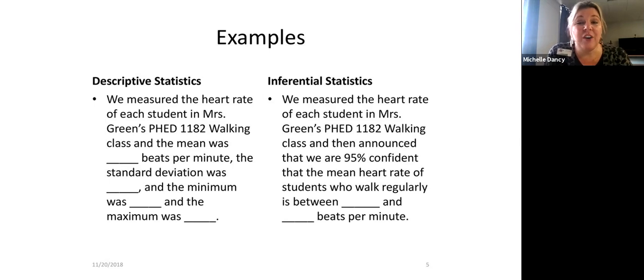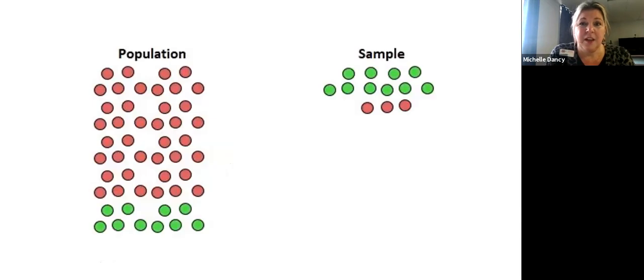So even though the wording kind of starts out the same, you have to make sure you read the whole problem so that you can draw your conclusions about which type it might be. So just to emphasize again, population, sample. Now look at this.